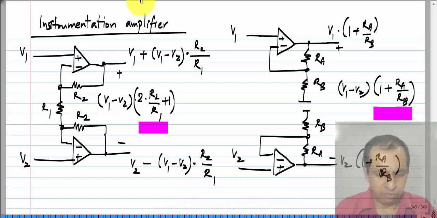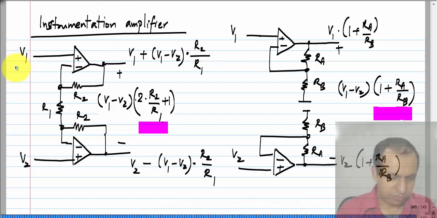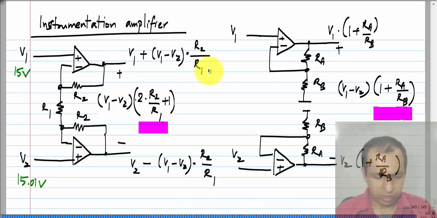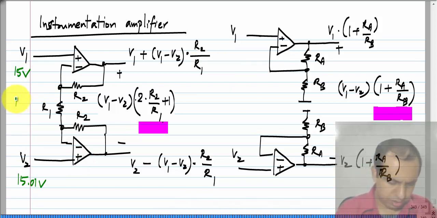Taking the same example values as before, if this is 15 volts and this is 15.01 volts, and we also say that R2 by R1 is 100.